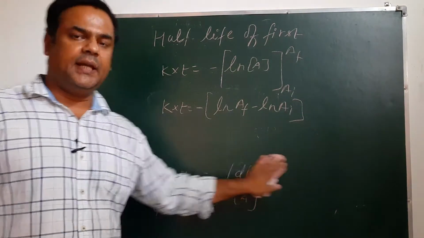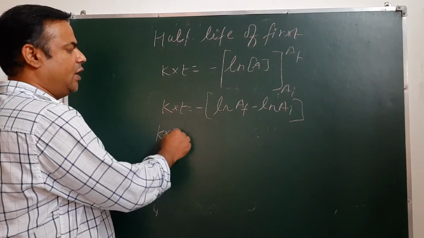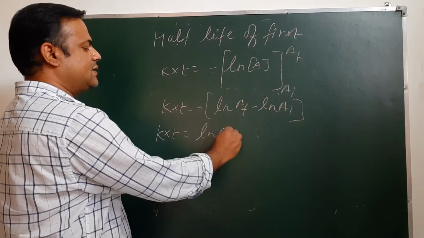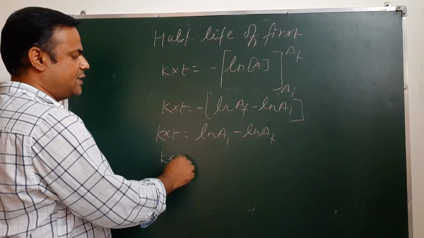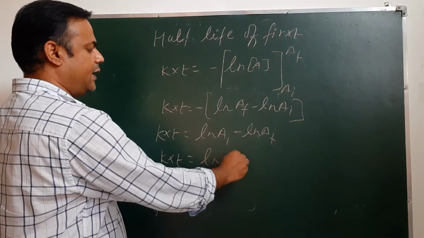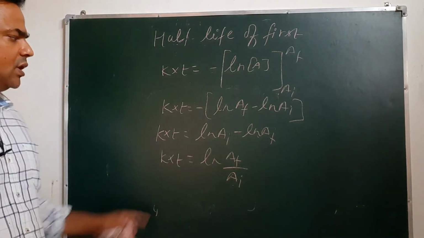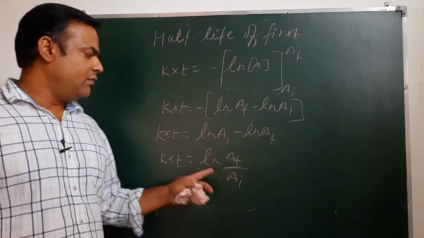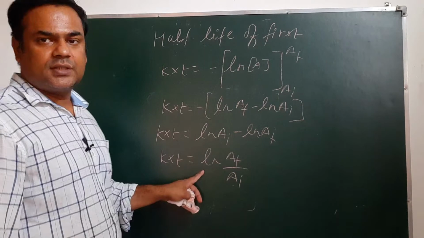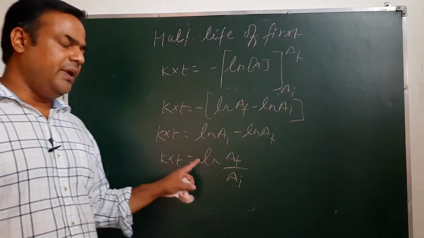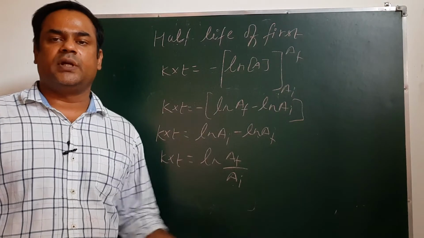If we multiply the negative sign inside, we get K into T equals to ln A initial minus ln A final. That can be written as KT equals to ln A initial divided by A final, since ln A minus ln B equals ln A upon B. When ln is converted into log, that is base e converted into base 10, the multiplication factor is 2.303.